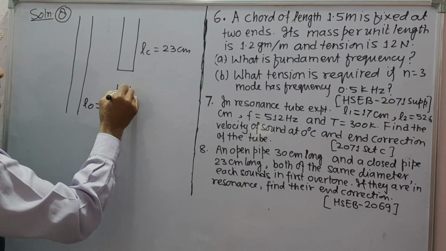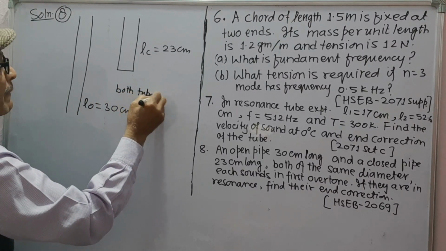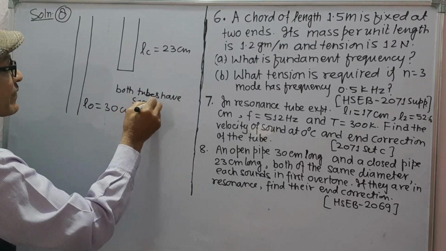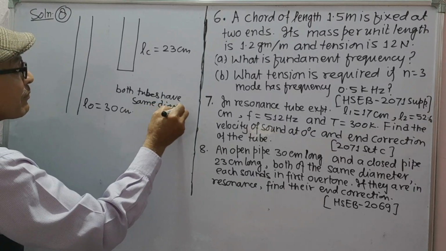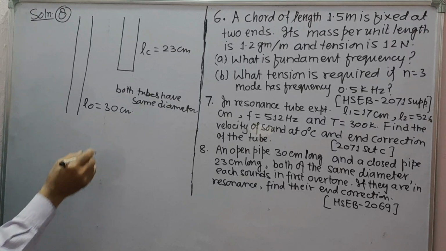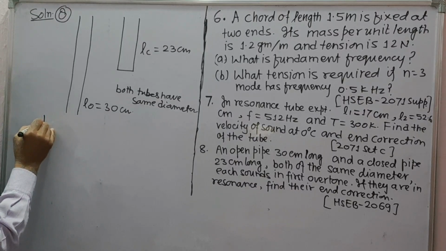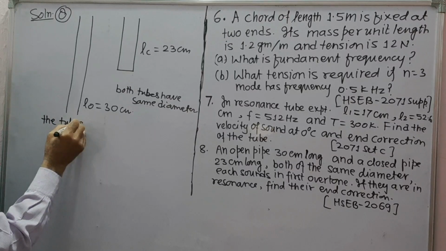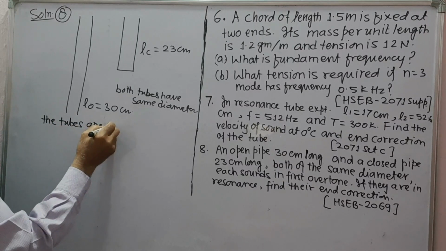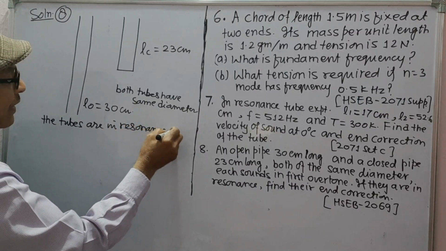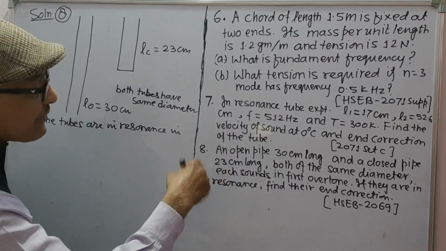Both tubes have same diameter, and the tubes are in resonance in first overtone.